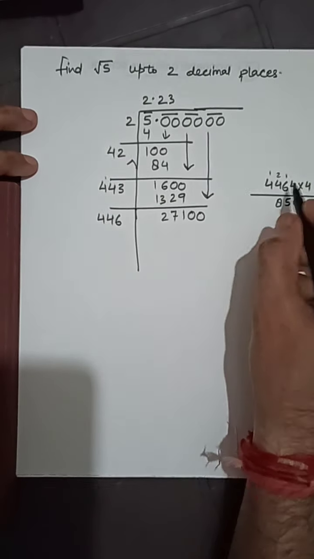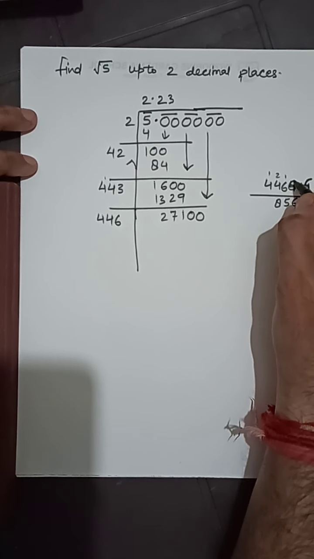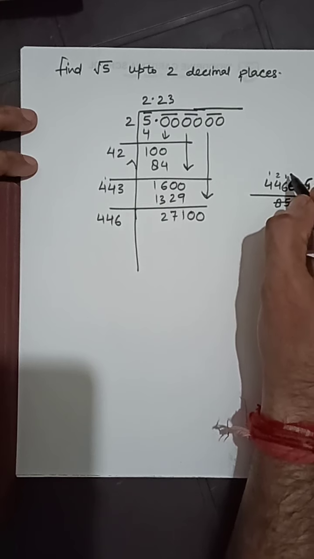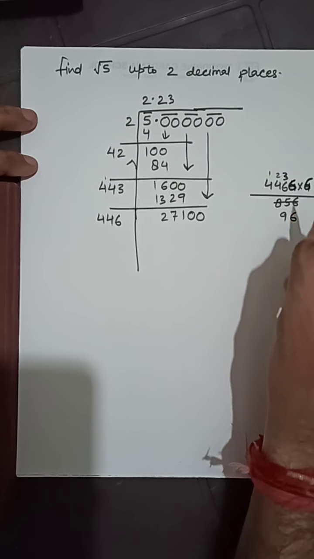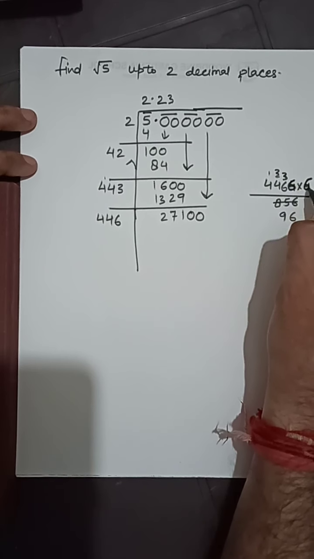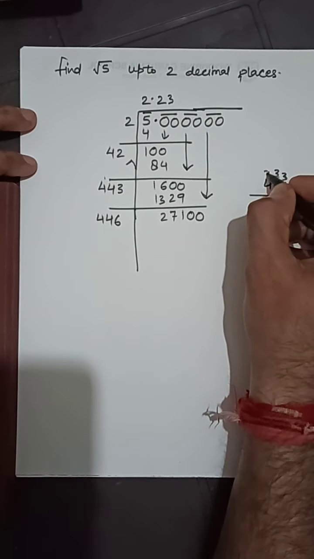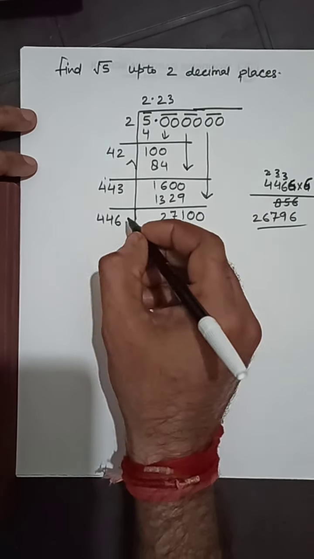Here 4 times is very less, so do it for 6 times, check it now. 6 6 is 36, 6 carry 3, 6 6 is 36 plus 3, 39, 6 4 is 24 plus 3, 27, 6 4 is 24 and 2, 26. That's it. So 6 times.